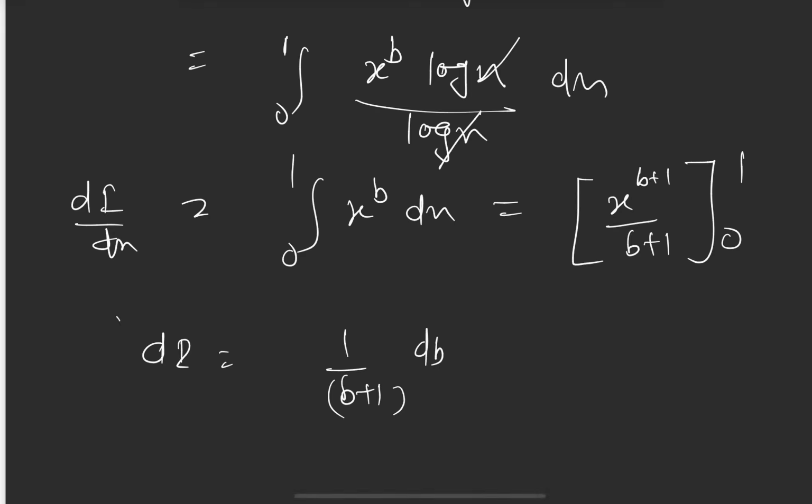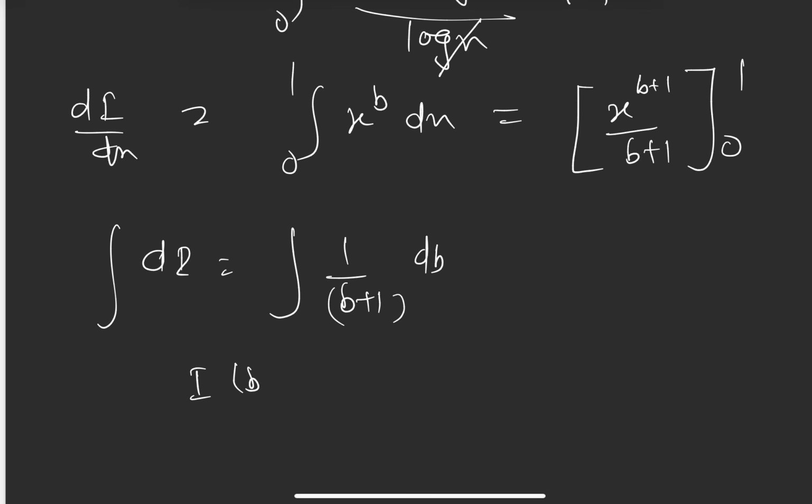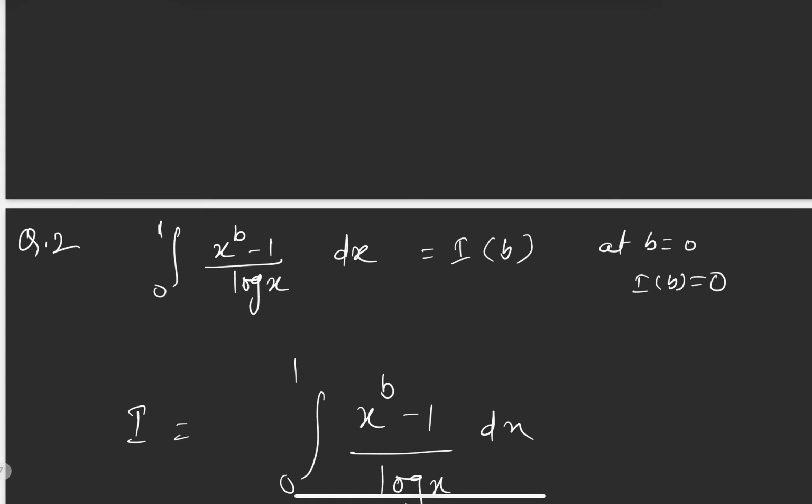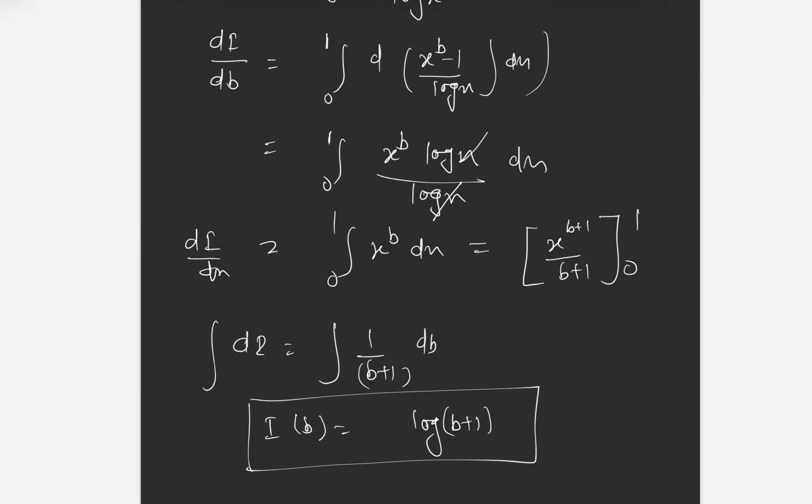Now if I integrate both sides, I of b will be log of b plus 1 plus c, and we know at b equals 0, I of b is 0, so c is 0 only. So I of b is log of b plus 1. This is my second question. Very easy, we are only doing differentiation with respect to b.